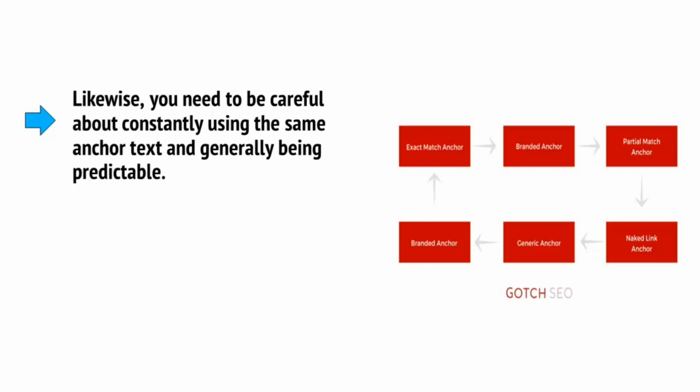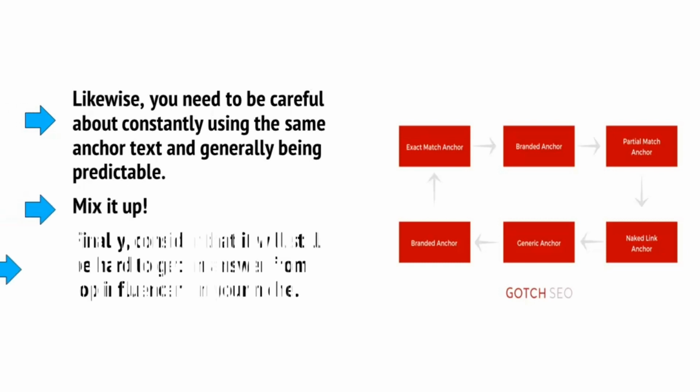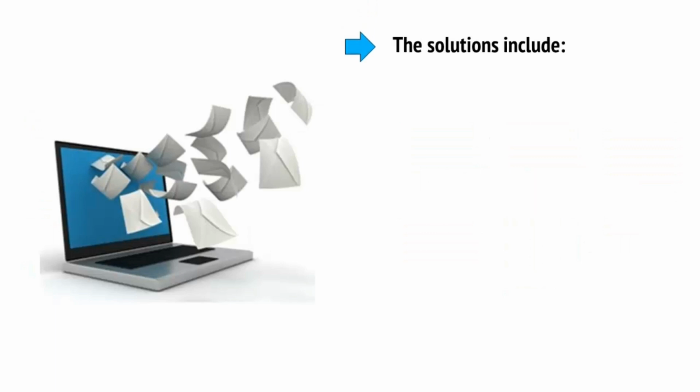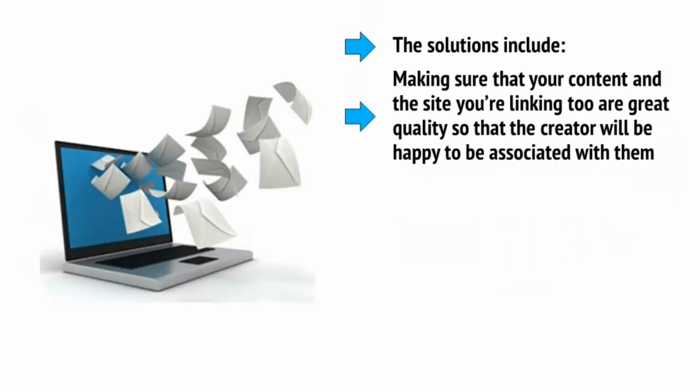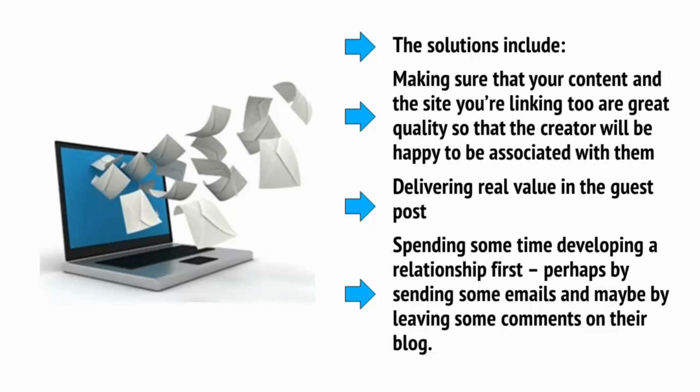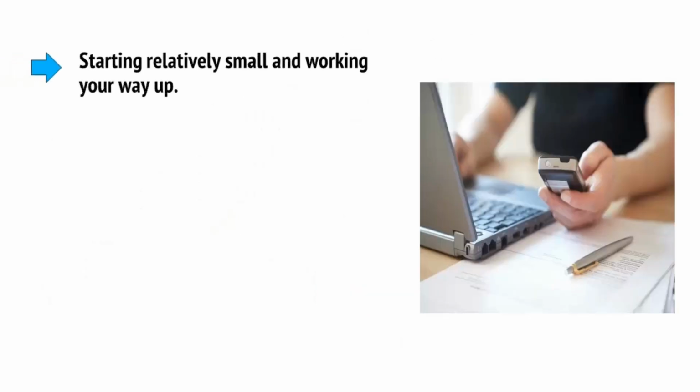Mix it up. Finally, consider that it will still be hard to get an answer from top influencers in your niche. The solutions include making sure that your content and the sites you're linking to are great quality so that the creator will be happy to be associated with them, delivering real value in the guest post, spending some time developing a relationship first, perhaps by sending some emails and maybe by leaving some comments on their blog, starting relatively small and working your way up.